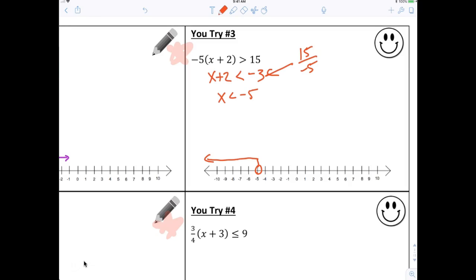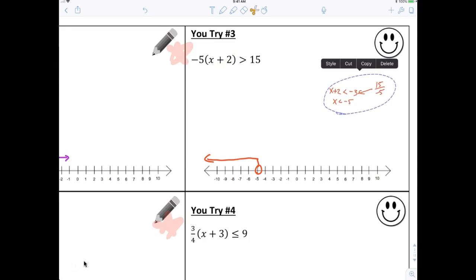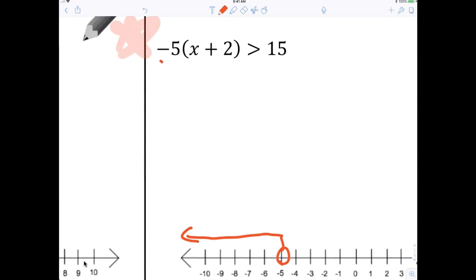Okay, so I got -5, and since I was basically dividing by a negative, I switched the signs around. Do you mean you distributed the -5, or did you divide by -5? I divided. Okay, so if you divide by -5, x plus 2 is less than -3.